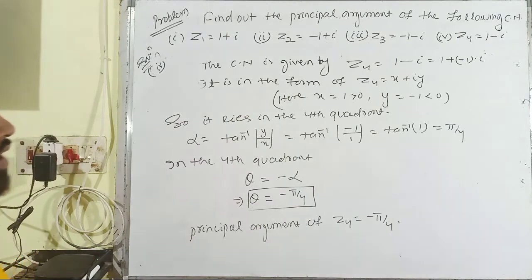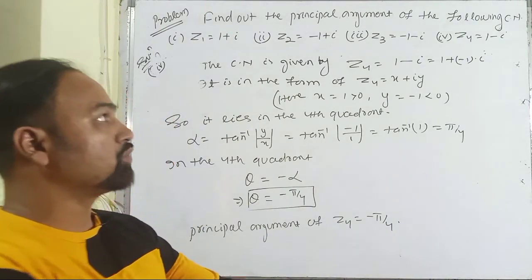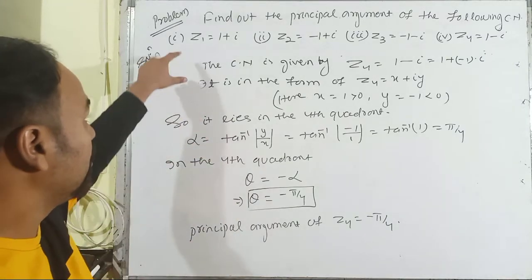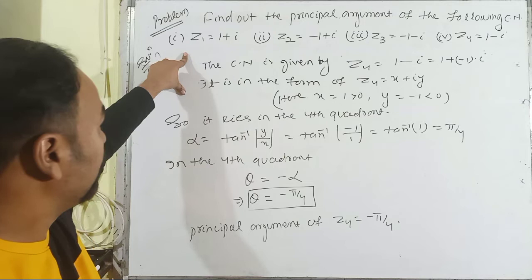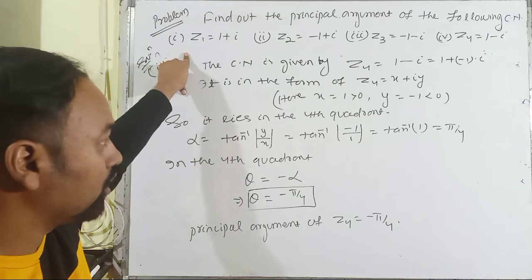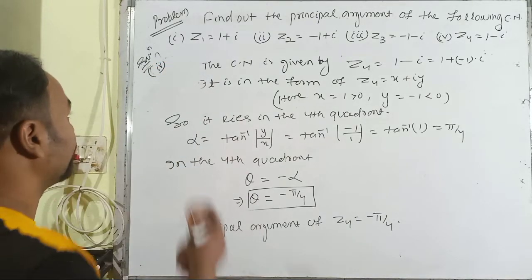So it is all about the basic problem, the basic fundamentals based upon the principal argument and the fundamentals behind the problems of the different quadrants. Then moving towards some of the other basic concepts of the principal argument of a complex number.